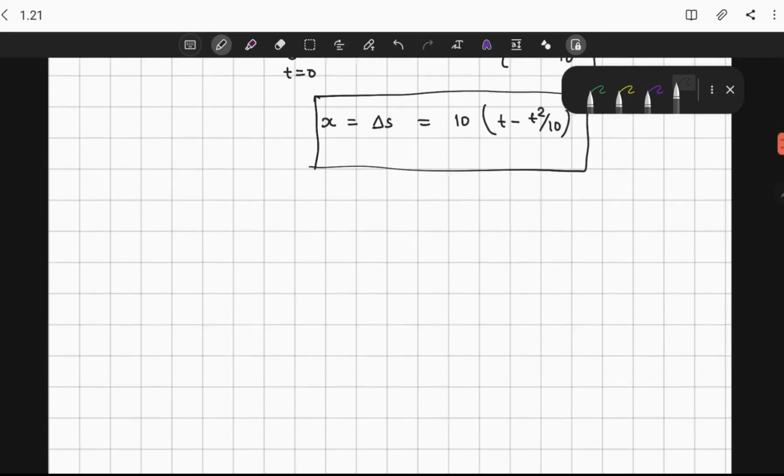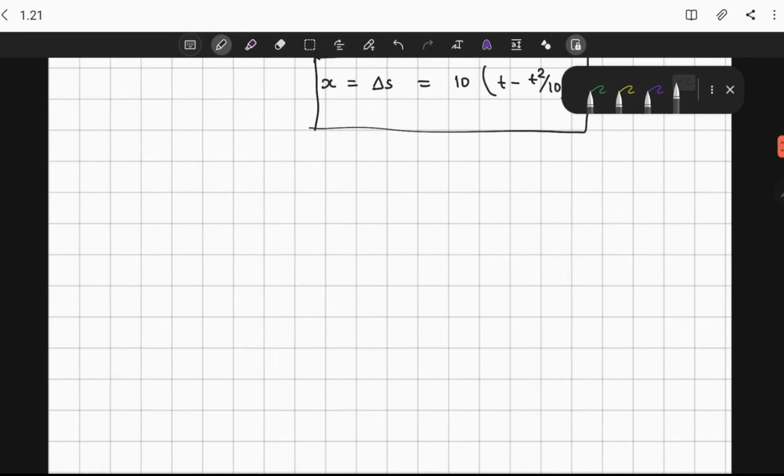Okay, now the problem is asking for the position at different time instants, so we can write here t in seconds at the time instants 6 seconds, 10 seconds and 20 seconds.